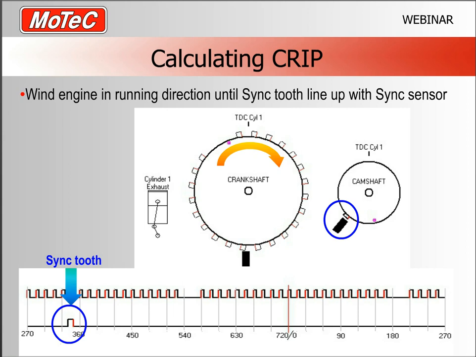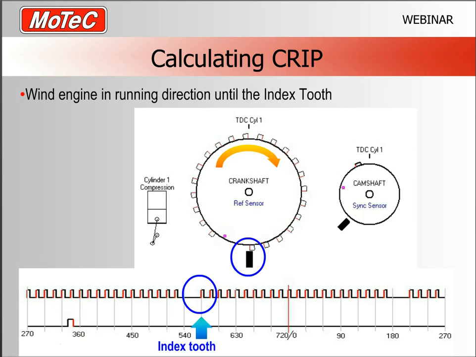So we find the sync tooth, and now knowing that it's a missing tooth mode, we need to find where the index tooth is based on the missing tooth mode pattern. So if I go to the next slide, we can see here that that index tooth is located there. See, the very next time we see the missing teeth after the sync tooth.